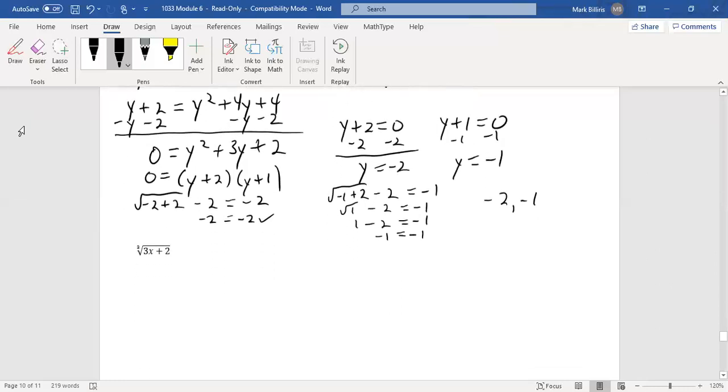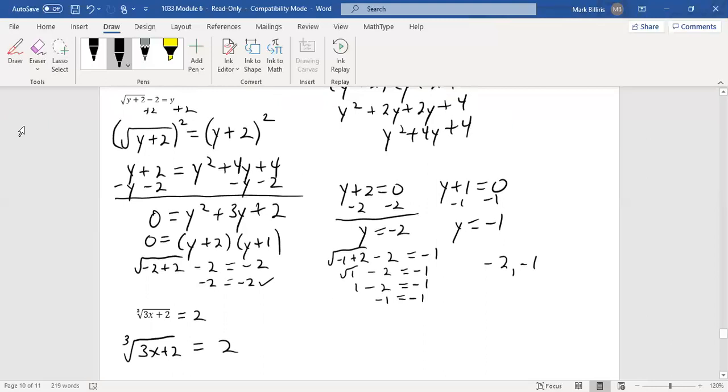My last problem, I'm dealing with the cube root of 3x plus 2 equals 2. In the previous problems, I was dealing with square roots, so in order to get rid of the square root sign, I squared it.